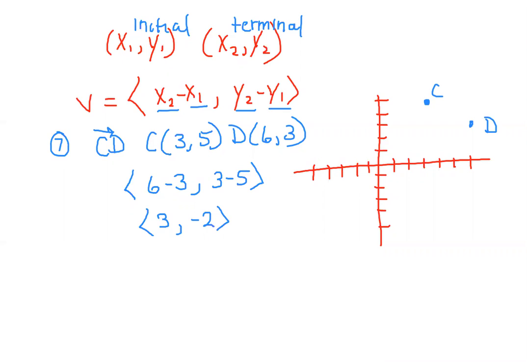Here's D. So here's our vector right here. So what we're doing is we're moving this vector over so that it has an initial point of 0, 0. So now in component form, it's 1, 2, 3, 1, 2. Okay, there's our new vector. See how we moved this vector right here? And we just moved it right over here so that C was now at 0, 0, and D becomes this point, 3, negative 2. That's what we're doing. We're putting it in component form so that it starts at 0, 0.